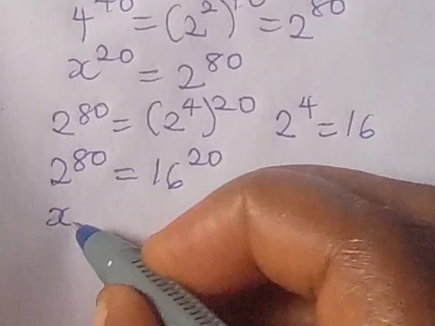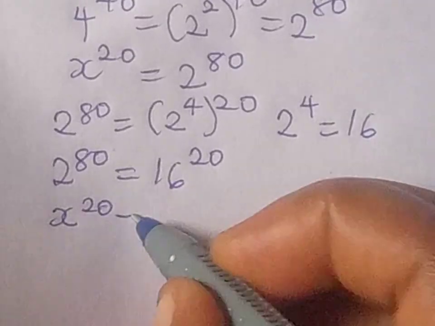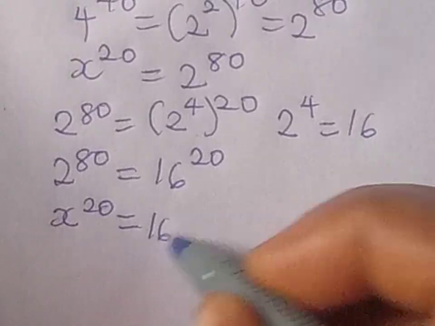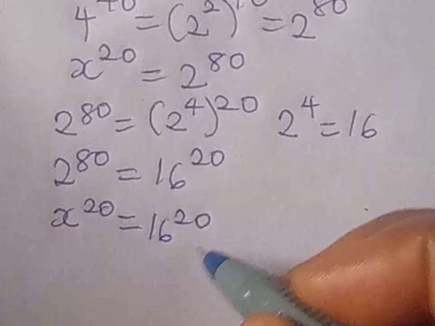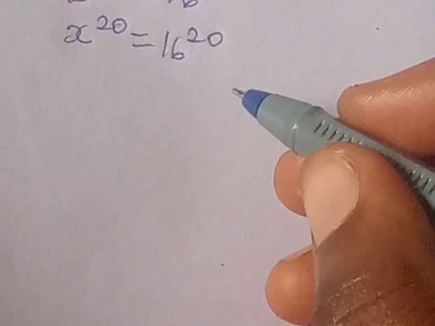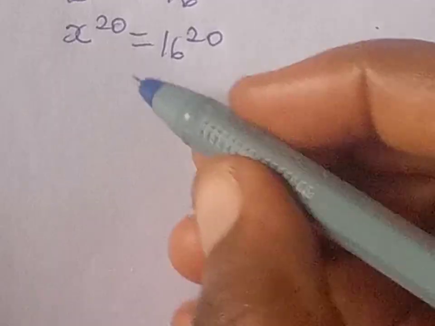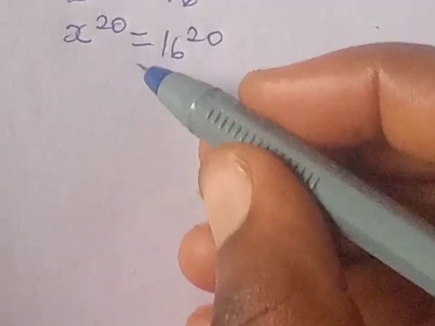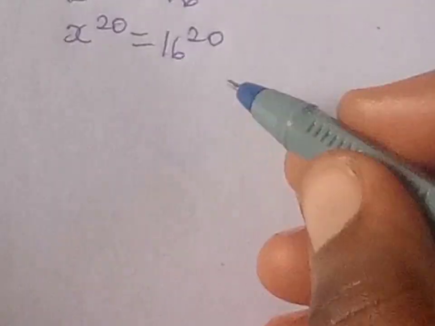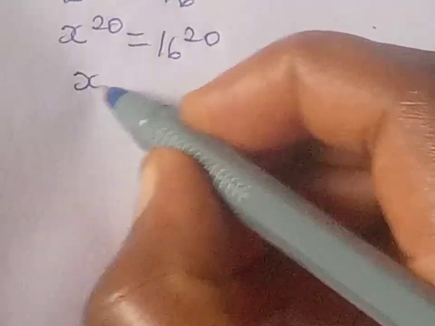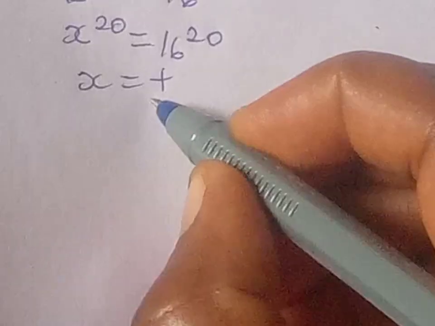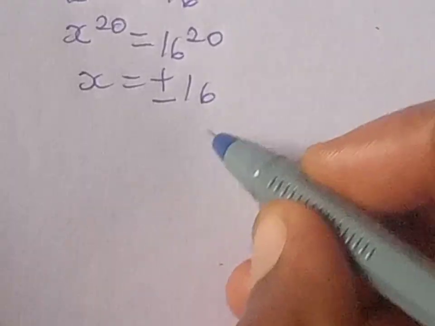Therefore, x raised to the power of 20 equals 16 raised to the power of 20. Now let's take the 20th root of both sides since exponent 20 is an even number. So we obtain that x equals plus or minus 16.